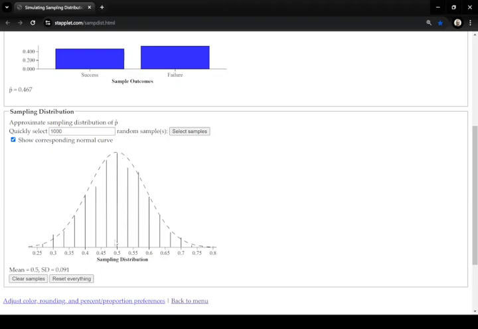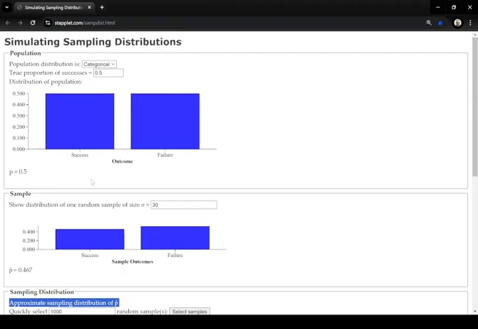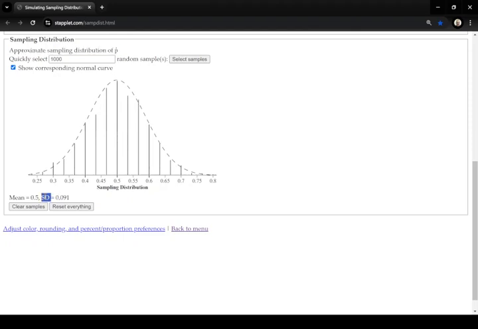and that looks great. So the distribution of the p-hat under certain conditions, which we'll talk about in a second, is normal, or approximately normal. And more importantly, or maybe just as important, it also comes with a standard error that we can calculate, and we can know what this number is going to be.